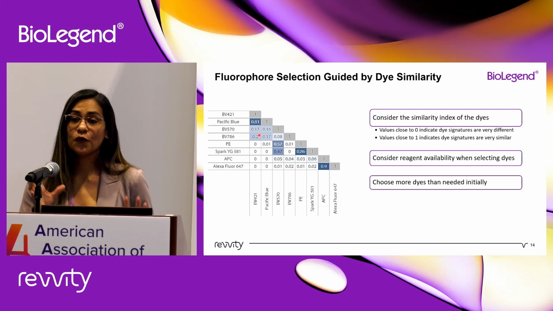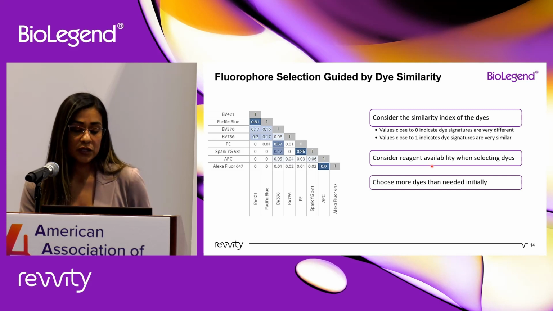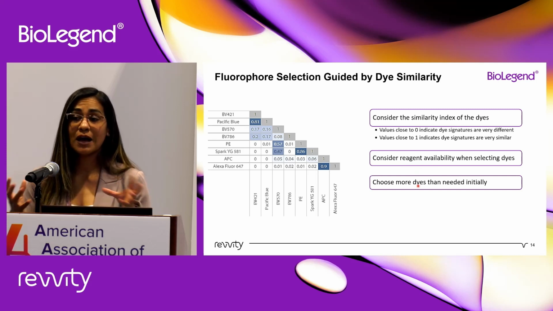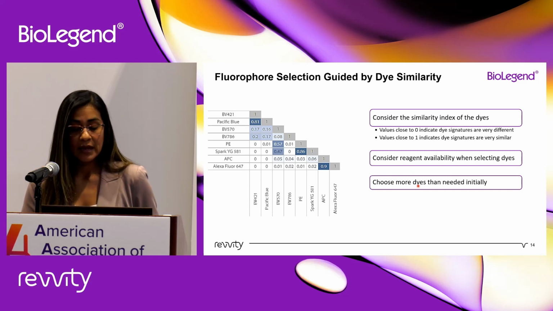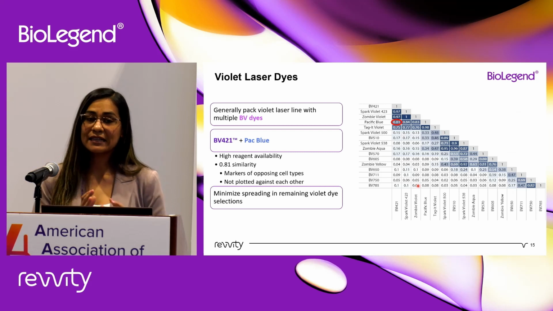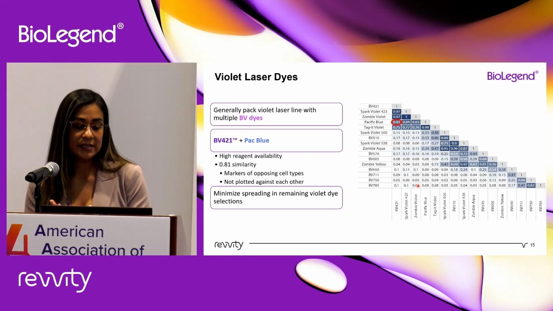In addition to knowing this information, we have to consider also the reagent availability. And if possible, we would like to select more dyes than what we initially need to have some flexibility. And now let's take a look at the dyes on each laser.